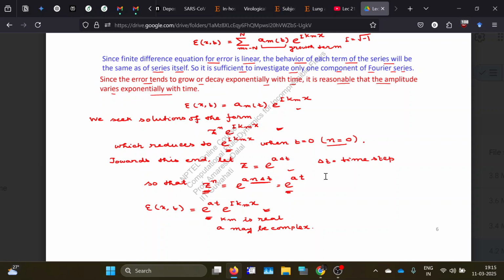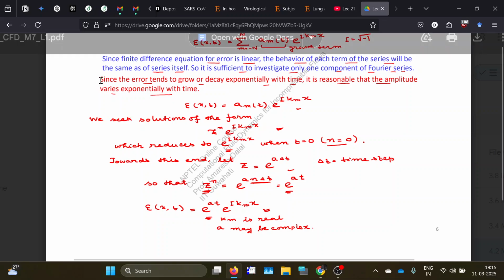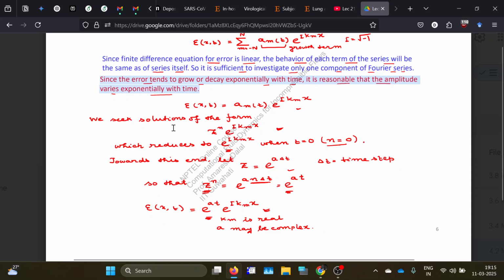Now, we seek a solution of the form means that the error grows or decays exponentially with time, right? n is the time step. If it is exponential, then each time step it gets multiplied by itself, right? That's what exponential means. So at the nth time step, the amplitude will be something to the power n. That something we are calling z.